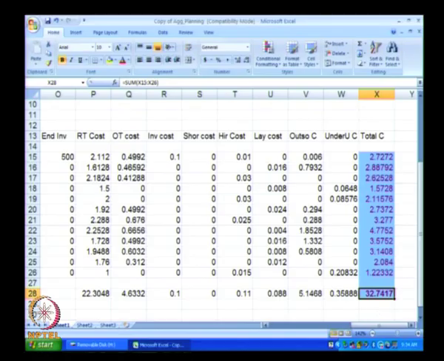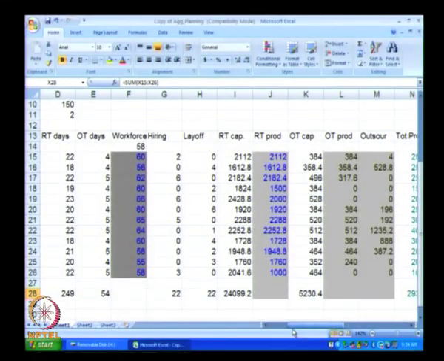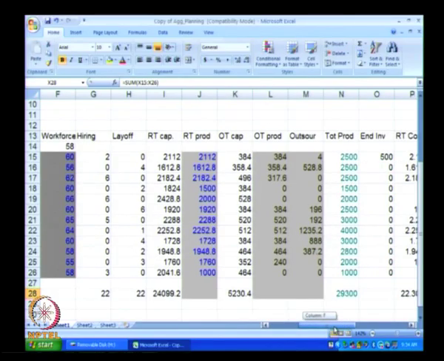Now, in this spreadsheet, the user actually makes 2 decisions. There is a decision on the workforce and there is a decision on the total production. In the earlier spreadsheet, the user made only one decision, which is on the total production.